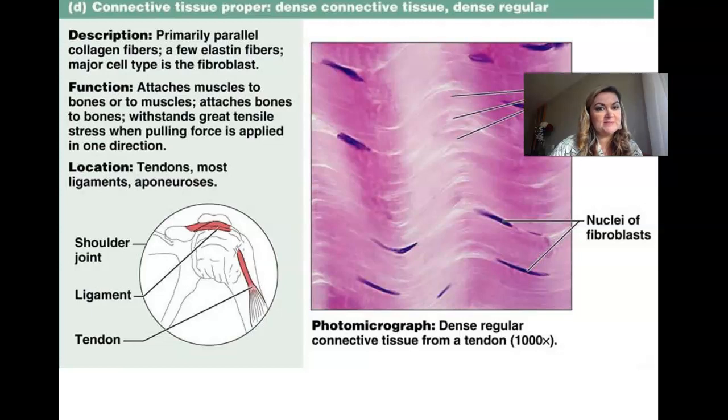That's going to be your ligaments. It withstands great tensile stress when pulling force is applied in one direction. And so it shows you in the picture a couple of different places where these are found. An aponeurosis, or aponeuroses, are going to be tendons or sheet-like tendons that attach muscle to muscle.